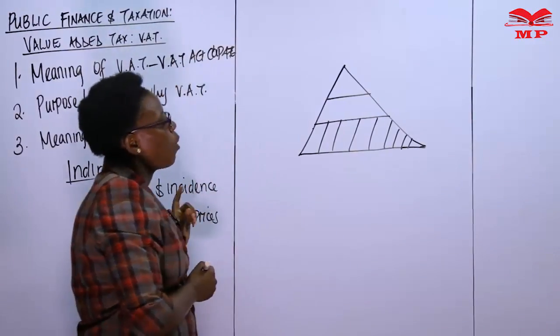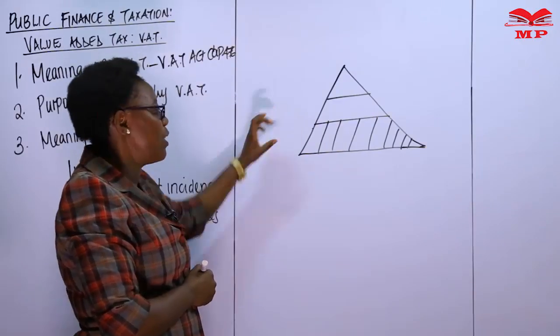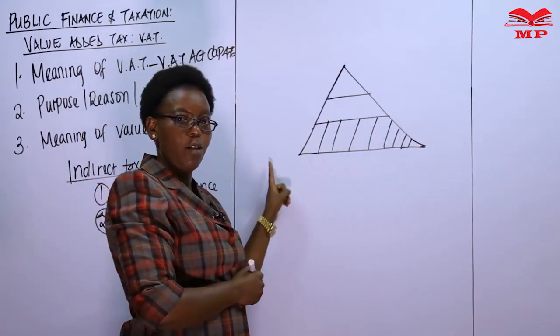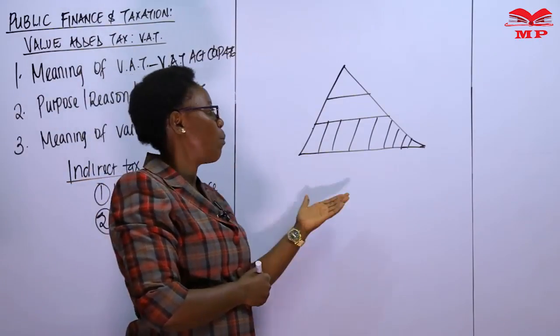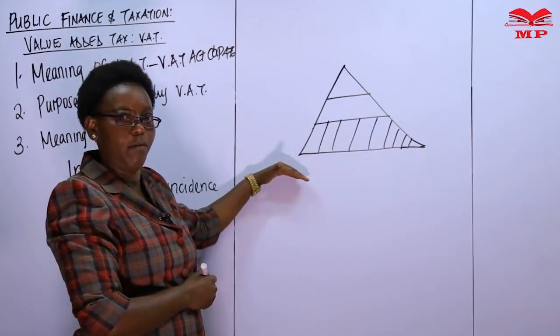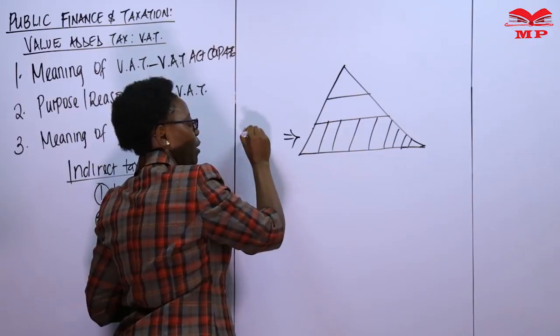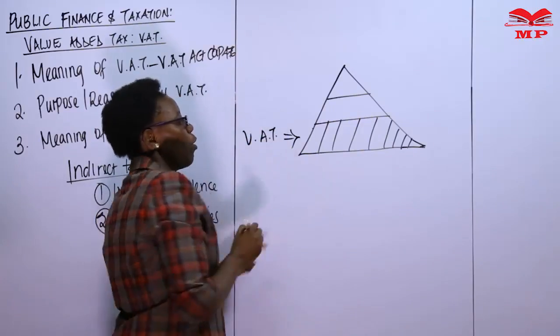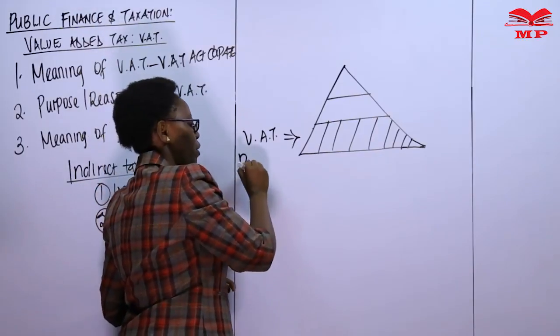So VAT normally focuses at the base of the economic pyramid. This is why we have very many people. So Kenya, being a developing country, implies that most of the population is actually in the lower economic level. So when, therefore, you tax VAT and you focus on this level of the population, then it becomes highly productive.